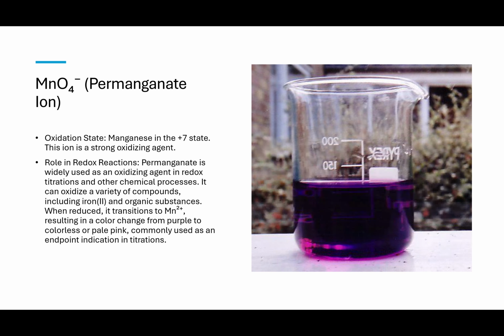All right. And we know that when we transition from the manganate to the Mn2+, we get a pale pink color. Purple to colorless or a pale pink color. So the manganese ion tends to be colorless, and then it becomes purple in the permanganate form, or it can become a pale pink color if it is reduced.